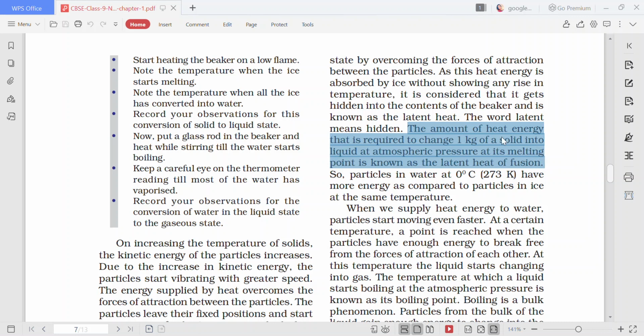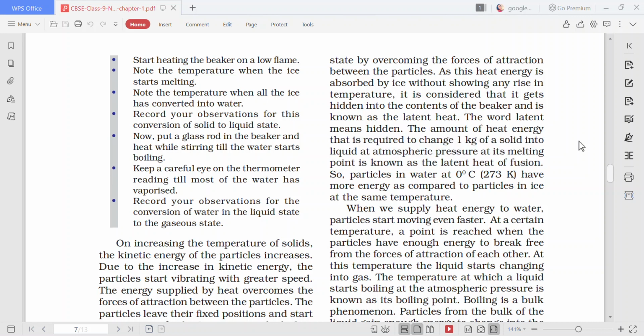So when solid is getting changed into liquid, some amount of heat energy will be used up, and that heat energy which is used up for changing solid into liquid is known as latent heat of fusion, because this heat is not being captured by the thermometer, but it is present there, it is still there, and because it is hidden, it is known as latent heat of fusion.